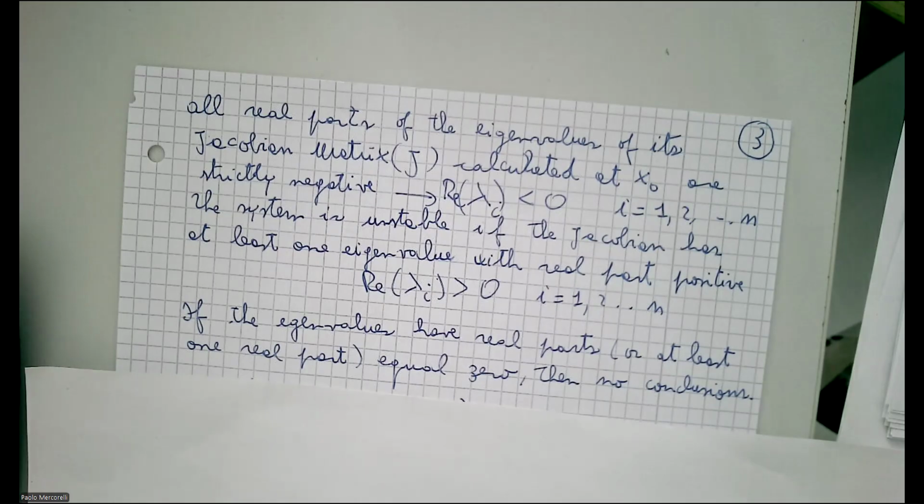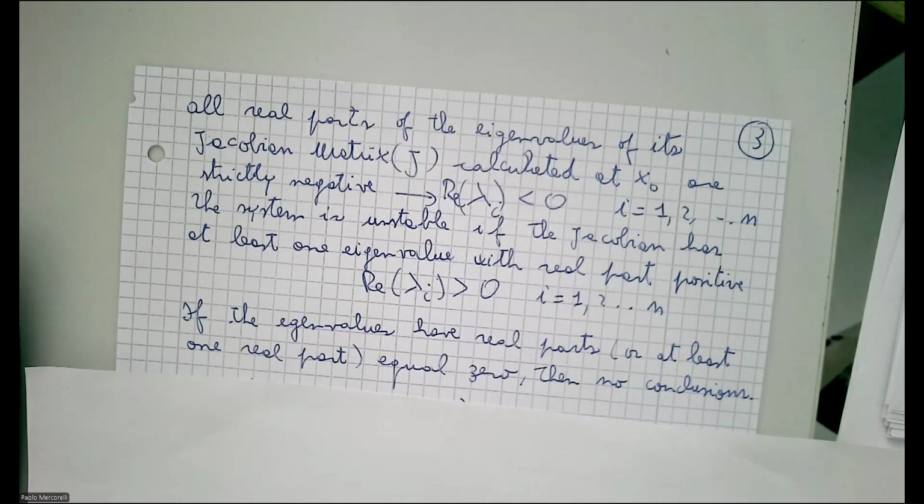Locally means that its approximation is unstable, and then we say the approximation is locally valid. The nonlinear system is locally unstable.